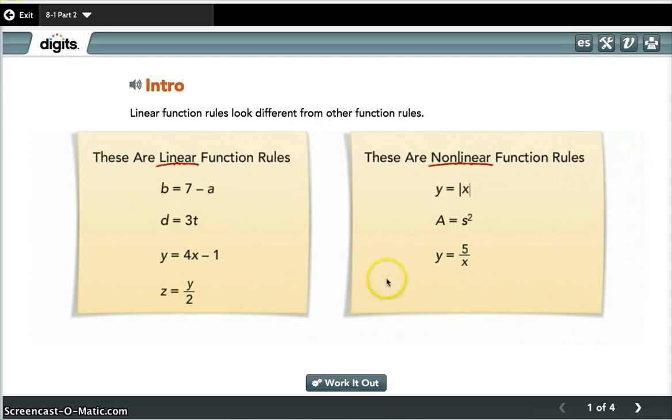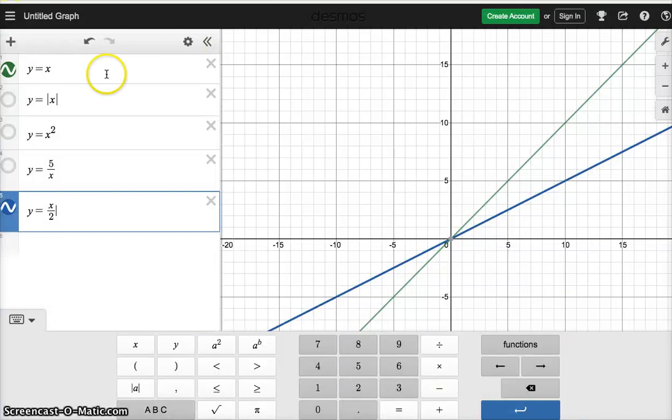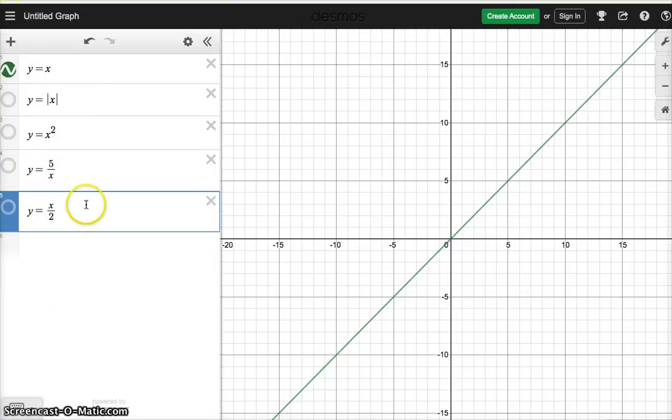All right, hopefully you had some time to look at that. And maybe you noticed there are a few things that are different about these equations that you don't see over here. For example, there's an absolute value sign. So we see that there's an absolute value of x. I'm going to go back to Desmos here, where I've programmed these in already so we can take a look at them. So y equals x is my green line.